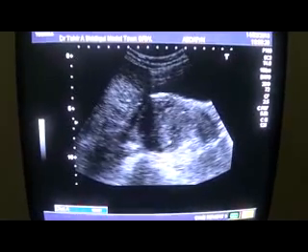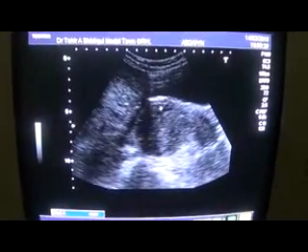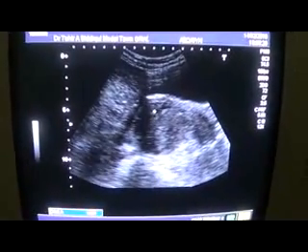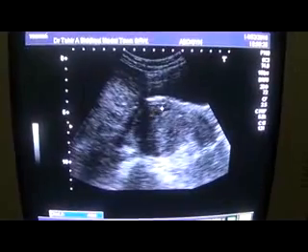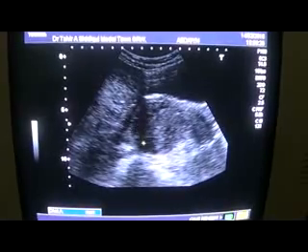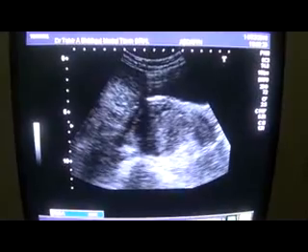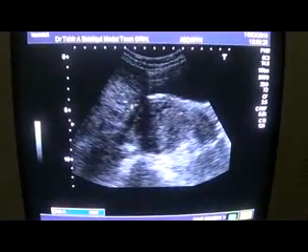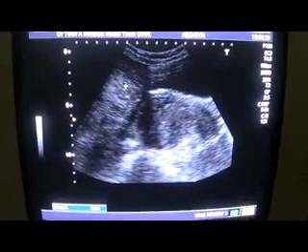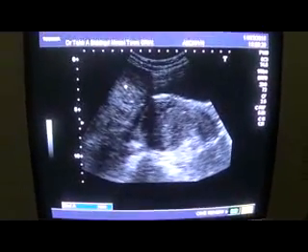This is the fundal region, and from the anterior margin of this myometrium, you see there are multiple tiny cystic areas interspersed throughout the anterior myometrium, and from there you will see a hard, solid, echogenic area.